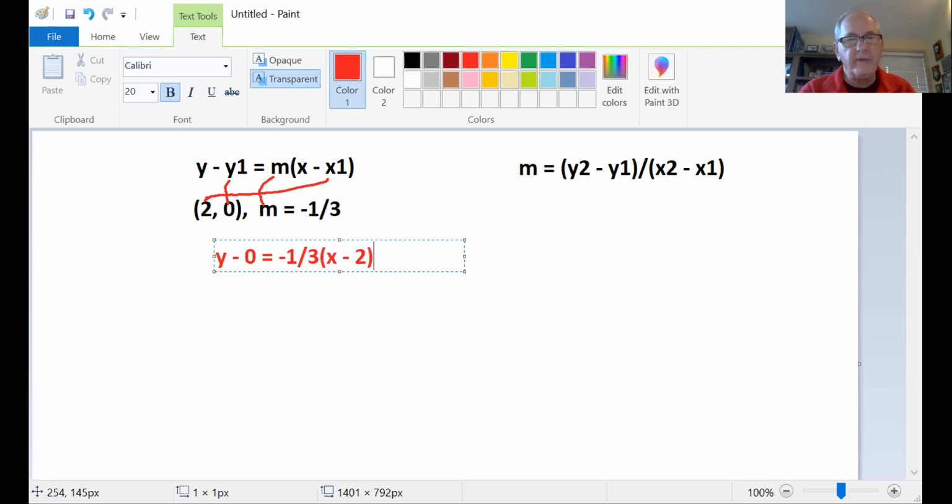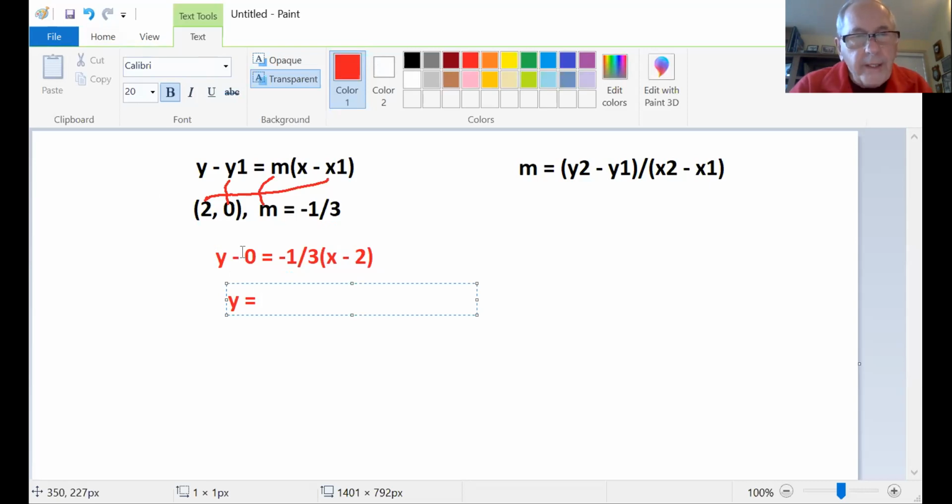Okay, so now we have this. Now we have to do the math, right? So left-hand side, we've got y. Right-hand side, we've got minus 1/3 times x, so it's like this. Minus, now we've got a minus 1/3 times a minus 2. The minus and minus cancel out, so it's a plus, so it ends up being plus 2/3, right?